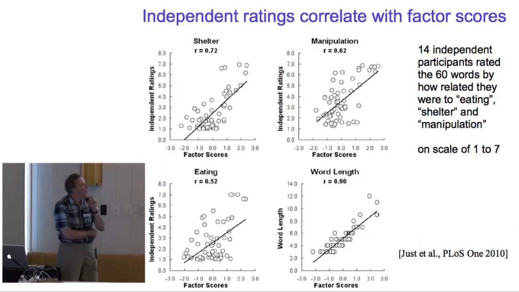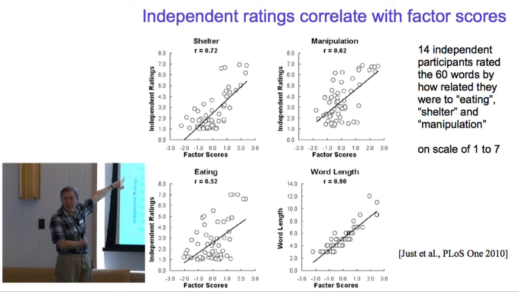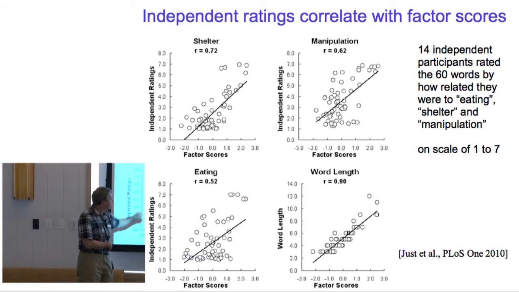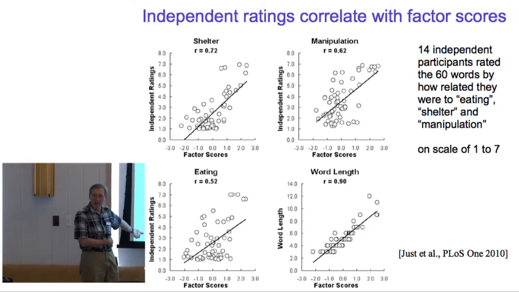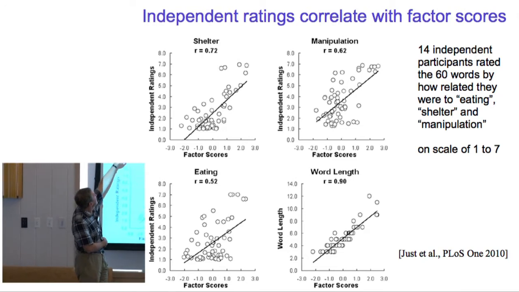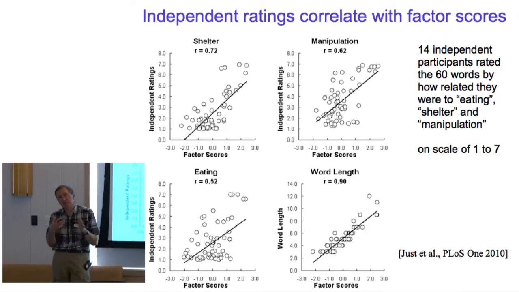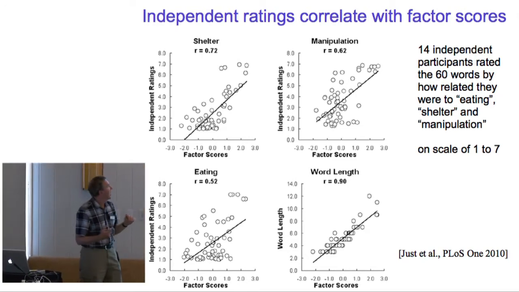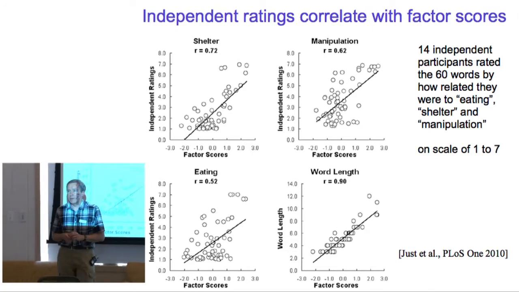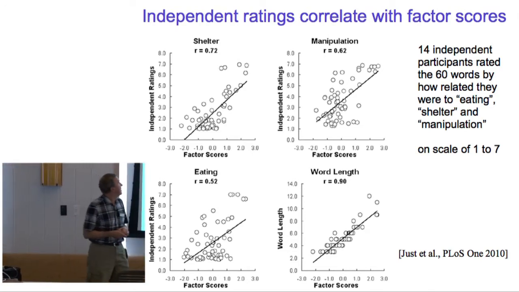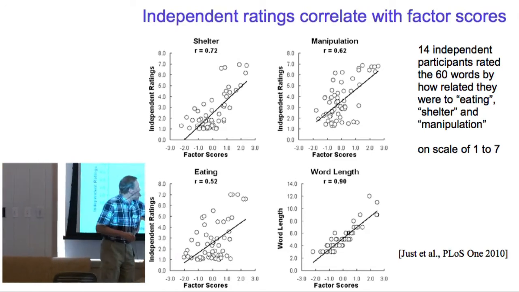And in fact, those behavioral ratings are shown here on the vertical axis for each of the 60 words. And the factor scores assigned by our model are shown on the horizontal axis. And so you can see for each of them the correlation between the model-derived factor scores for these components and the behaviorally obtained assessments about how those 60 different words, how much they make you think about manipulation, for example. And here you can also see that fourth component.